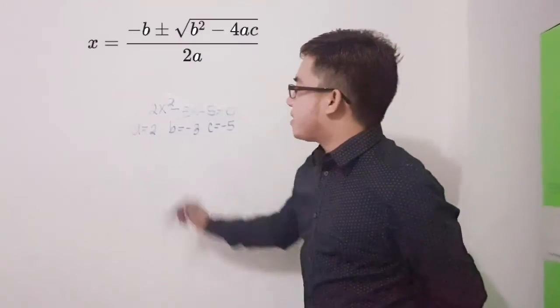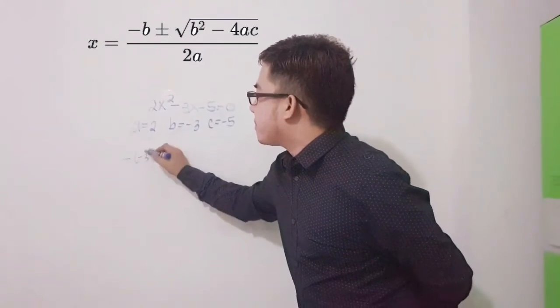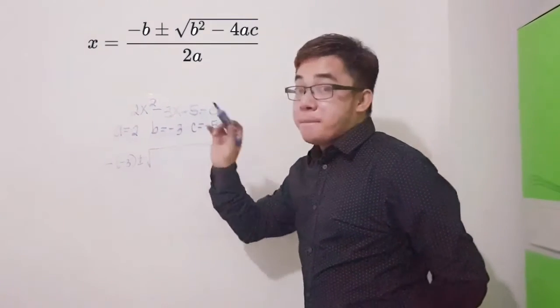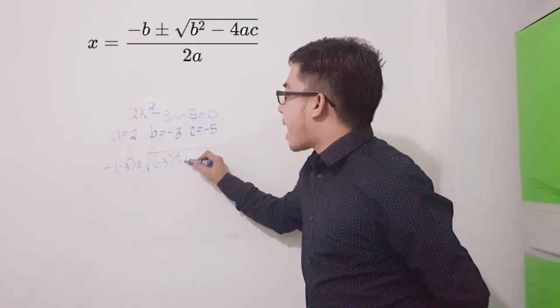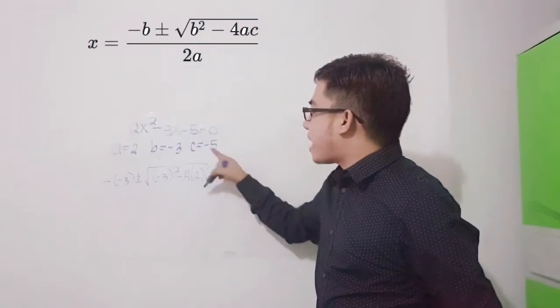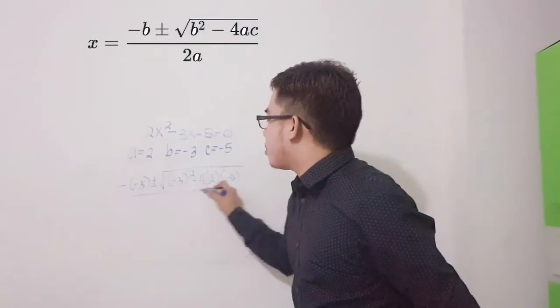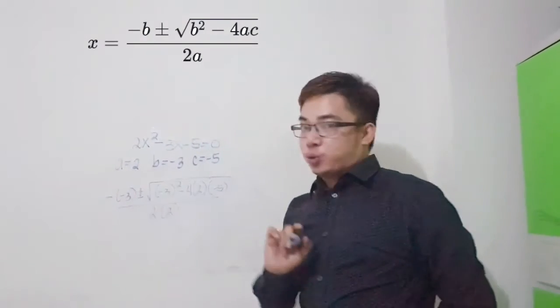So we will be having negative b, which is negative 3, plus and minus the square root of b squared. So we have negative 3 squared minus 4 times a, which is 2, times c, which is negative 5, all over 2 times a, which is equal to 2.